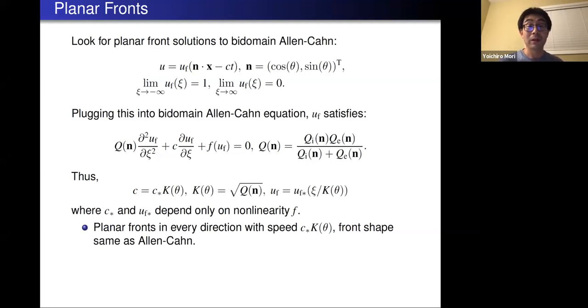Therefore the bidomain Allen-Cahn equation also has planar fronts in every direction. The speed is different depending on which direction you go, but the shape of the front is a rescaled version of the planar fronts of the 1D Allen-Cahn equation.